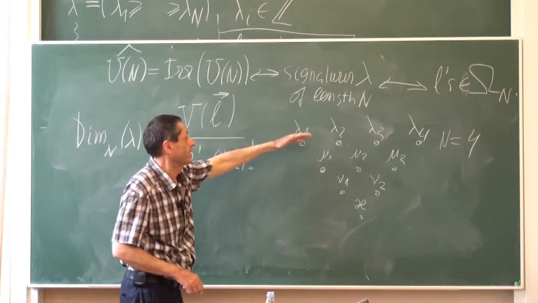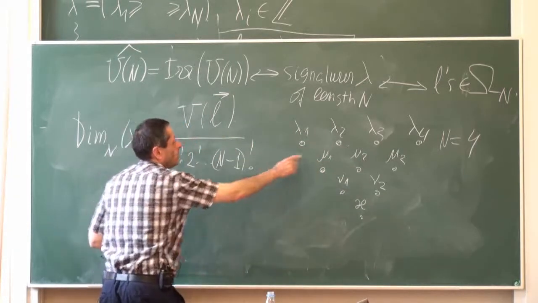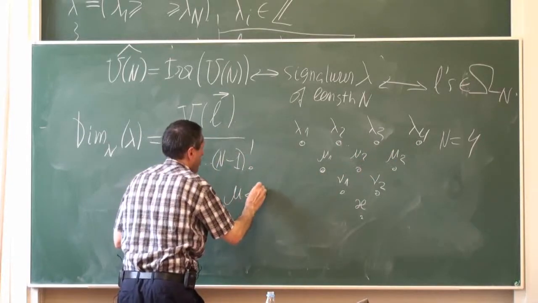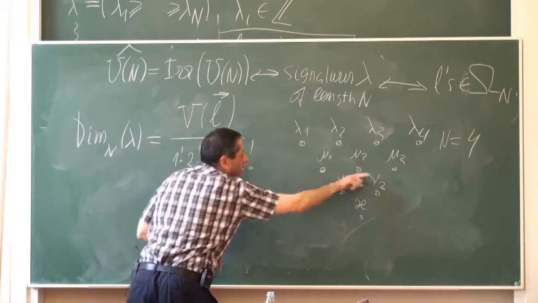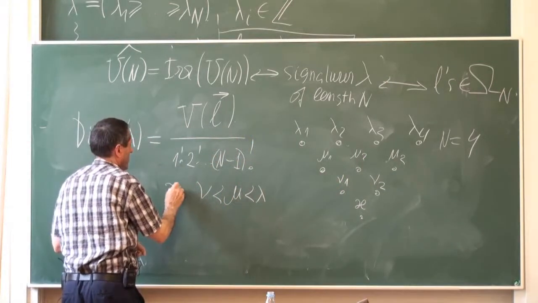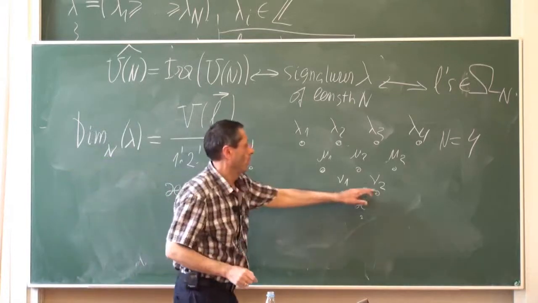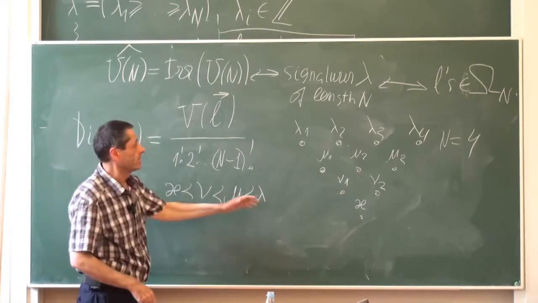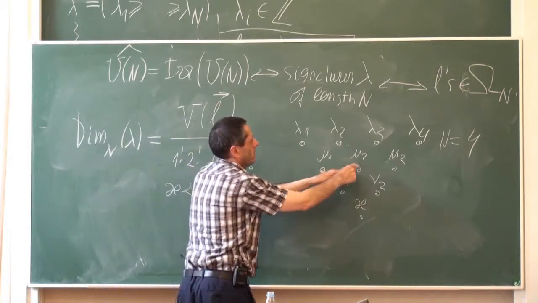And we have interlacing relations that mu interlaces with lambda, nu interlaces with mu, and kappa interlaces with the nu's, which just means the betweenness conditions.